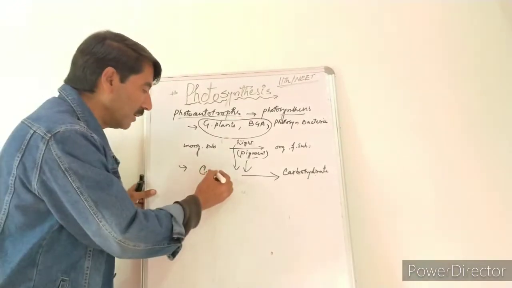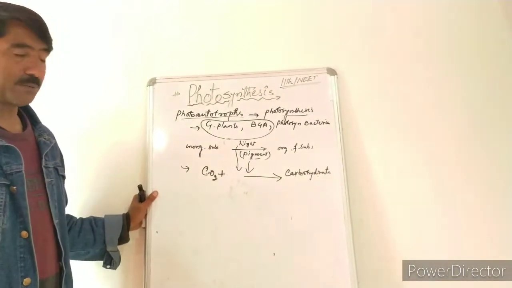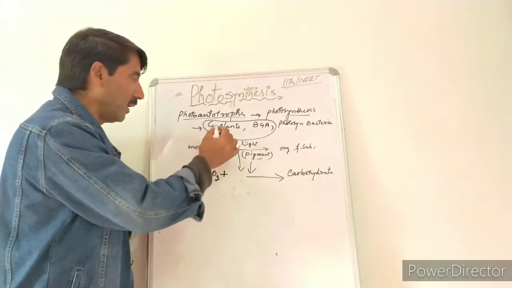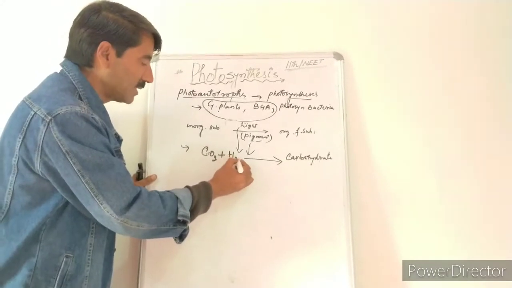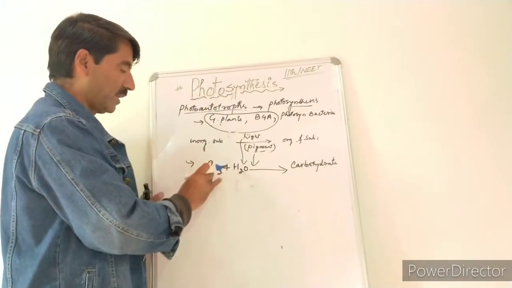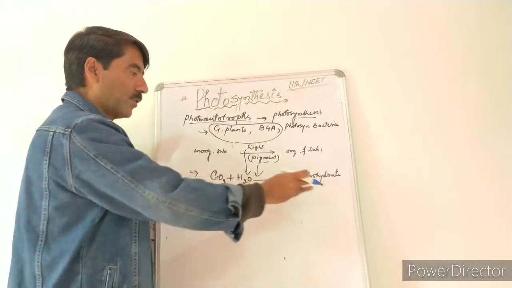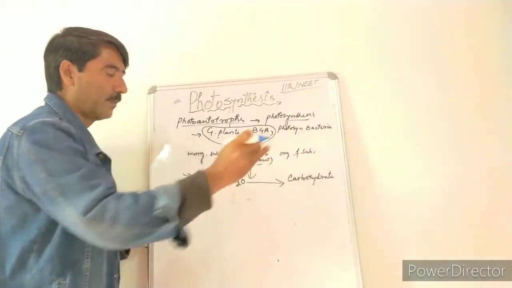Now depending on the reducing substance used, photosynthesis would be of two types. Green plants and the blue-green algae use water as a reducing substance to fix carbon dioxide to carbohydrates, or to reduce carbon dioxide to carbohydrates.